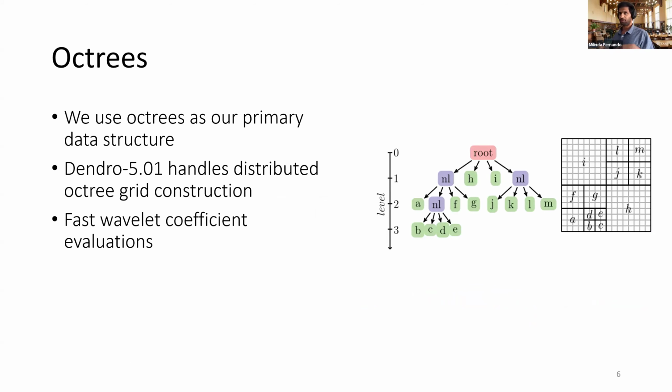In order to do this in 3 dimensions, we use the octree as our primary data structure. As you can see, the hierarchical nature of the wavelets is also represented; it comes naturally in the octree data structure.